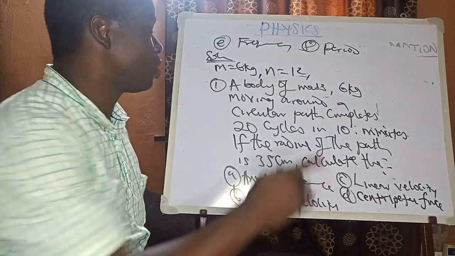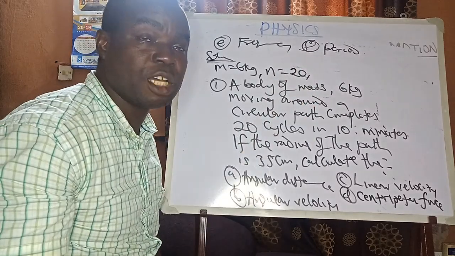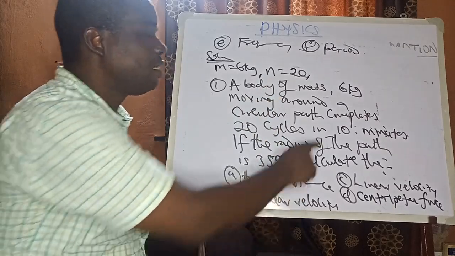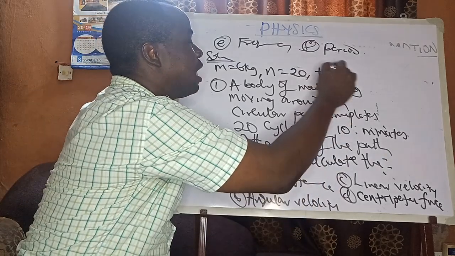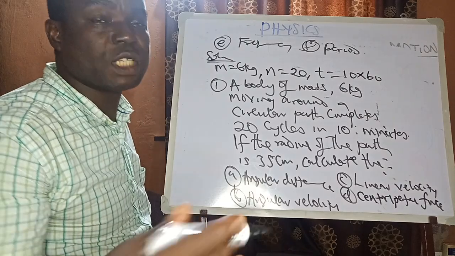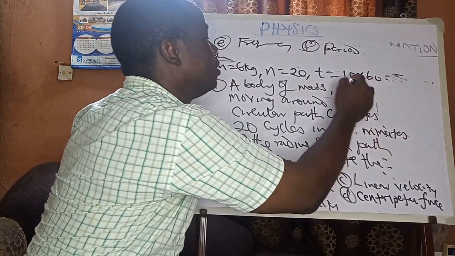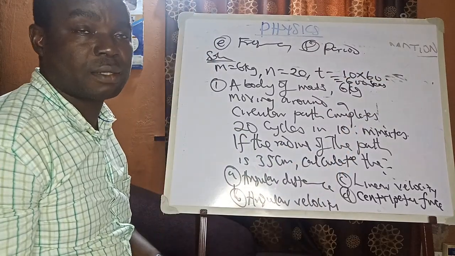You can check the table that I gave in video 1 to know what n stands for. Now in 10 minutes, the time is 10 minutes. Multiply it by 60 to change it to seconds, so it will be 600 seconds. Are we together?